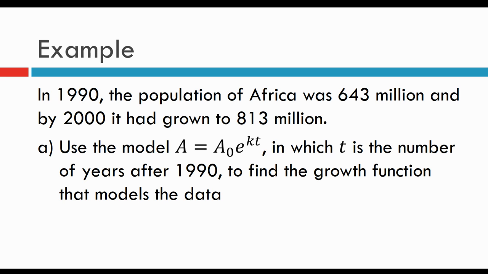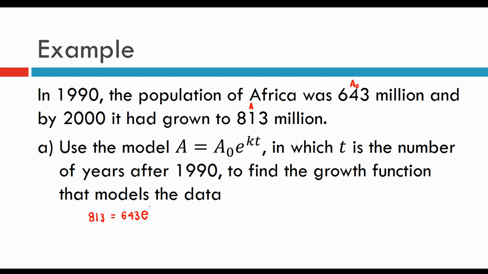Notice that the numbers they're giving us start with 643 million in 1990 and end with 813 million in 2000. So 813 is going to be the A, while the A sub 0 is going to be that 643. So we'll start with 813 equal to 643, and our base is still e.